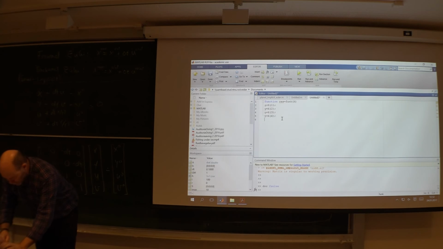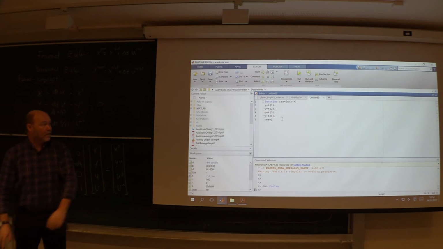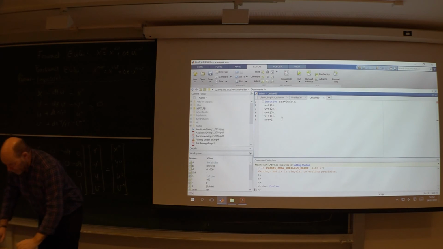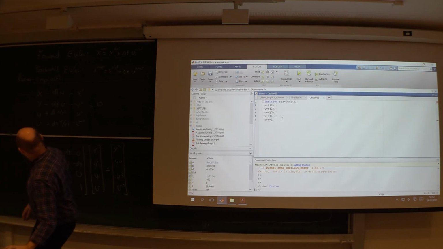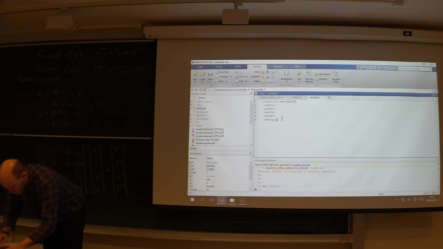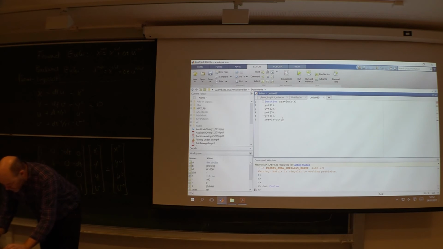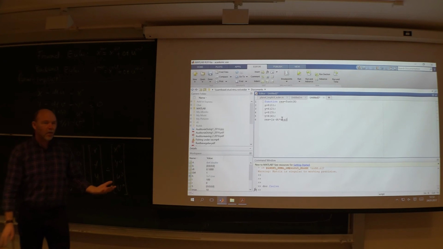Of course, you don't have to do this, but I prefer it, because then I can use my equations the way I see them directly. So now I can write my equation system directly as it is. x minus dt multiplied with u minus, and then I need some x0. I need the old value.